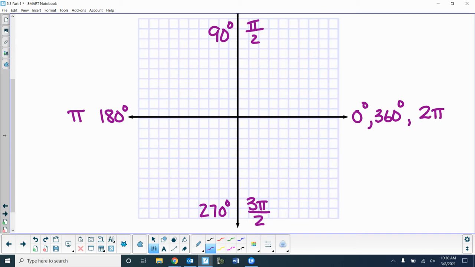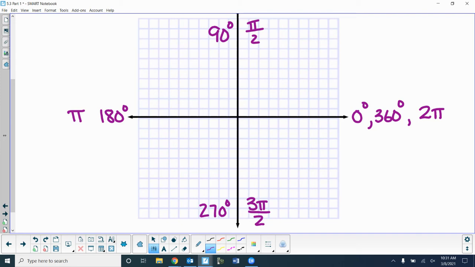So those are the ones that you really can't draw a picture of a triangle when you're on one of those axes. Okay, so now you're going to have to think about which one's x, which one's y, and which one's r.